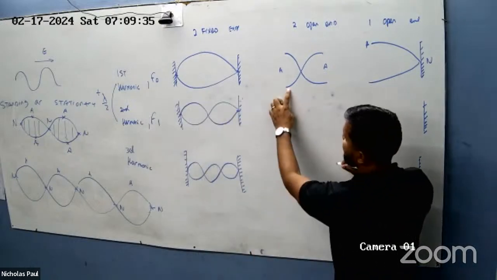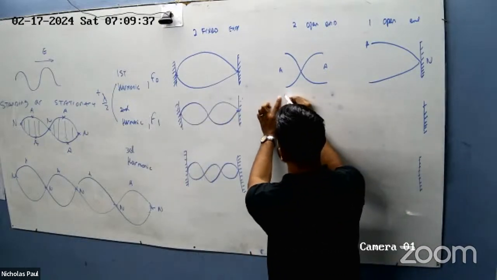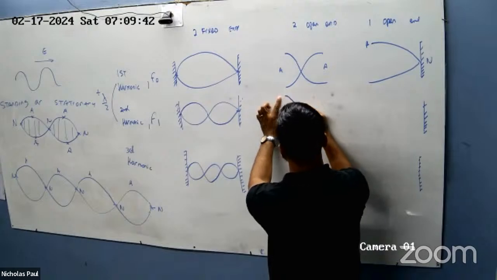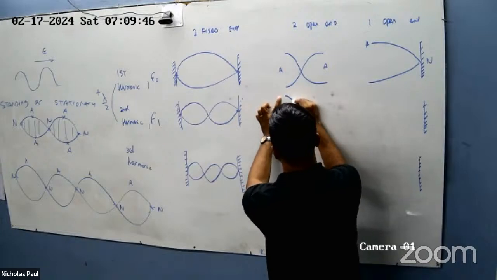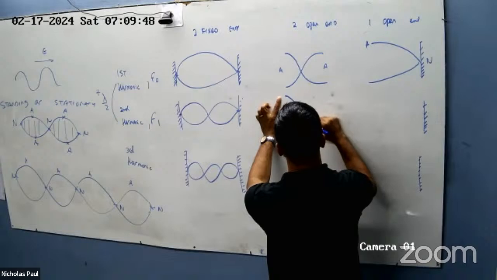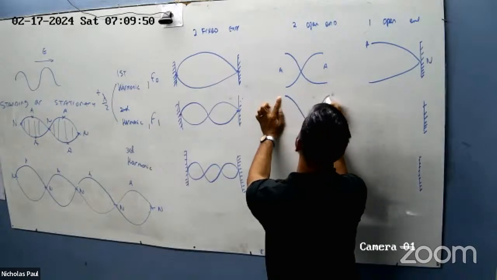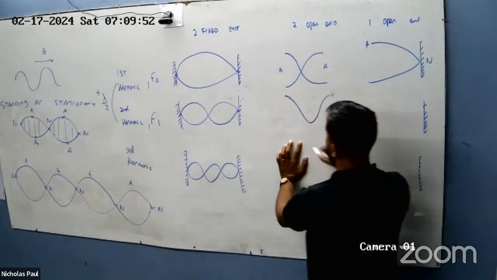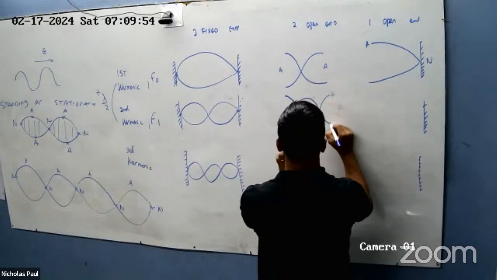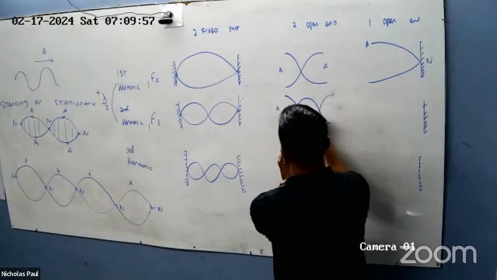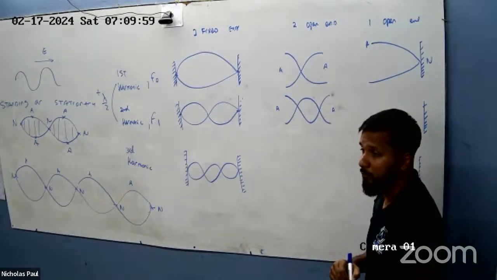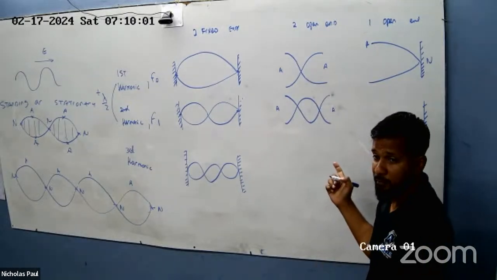So it has to start with an antinode. Antinode, node, antinode. It has to line up with this, right? You must have an antinode, antinode. You look like that? Yeah?